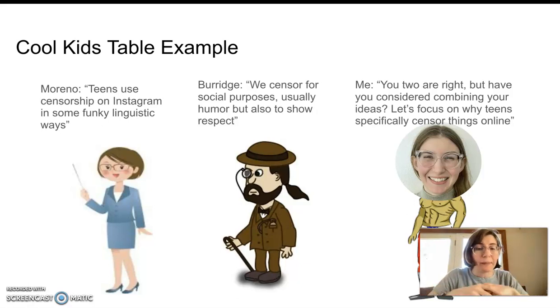Where am I going to fit in? I realize I like what Moreno and Burge are saying. I see value in that. So I want to acknowledge that, hey, you two are right. But something I notice is you're not really combining those ideas. So let's overlap those things and focus on why teens censor things online. In this way, I know I'm going to present Moreno and Burge later, but I'm going to take my introduction to say, here's what I notice and what I want to do.